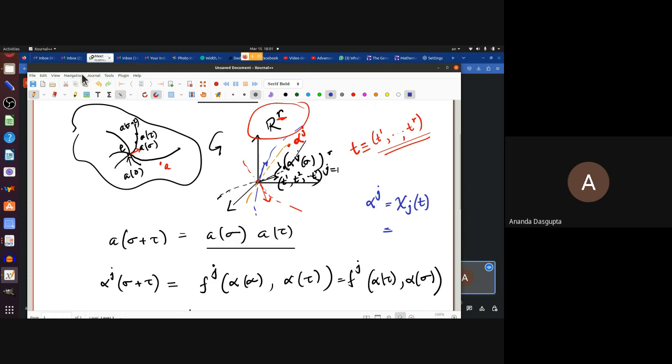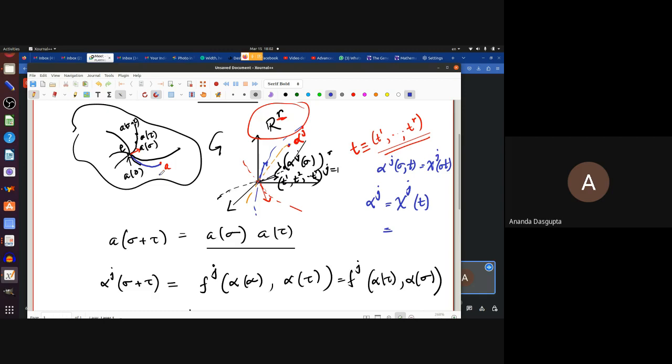Remember, sorry, this j position is wrong. The j should also be upstairs. Remember, our alpha j of sigma t is chi j of sigma times t. So alpha j equals chi j of t essentially means that when sigma is 1, my one parameter subgroup goes through this particular point in coordinate space, or in here it goes to the point A when sigma is 1. Is that okay?